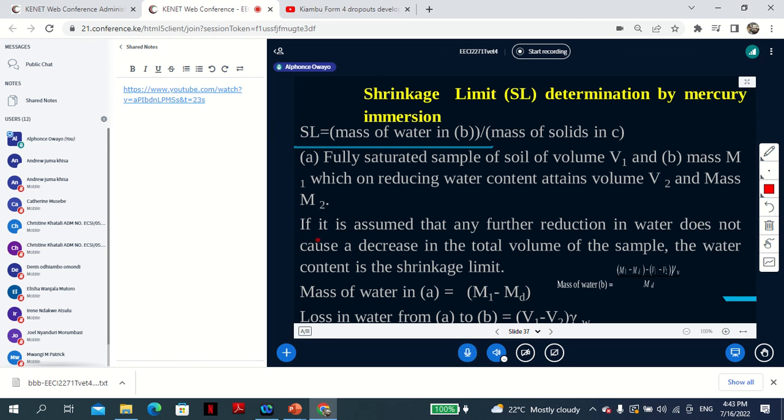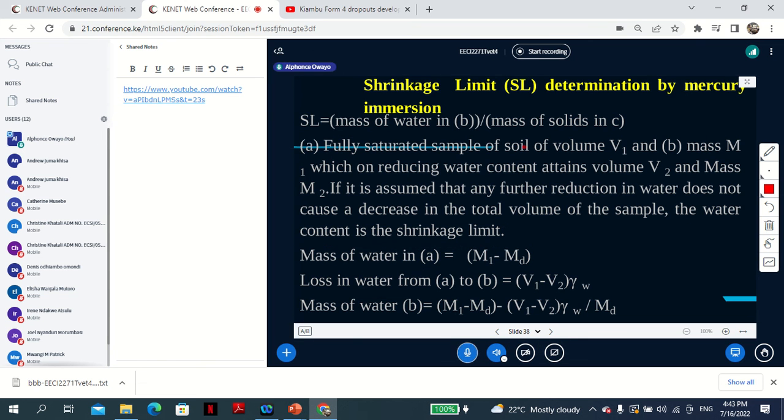If it is assumed, let's see, at stage A, fully saturated soil of volume V1, and B, mass M1, which on reducing water content attains volume V2 and mass M2. If it is assumed that any further reduction in water does not cause decrease in volume of the sample, the water content at the shrinkage limit is determined by the mathematics shown.